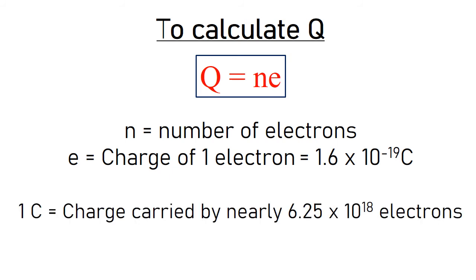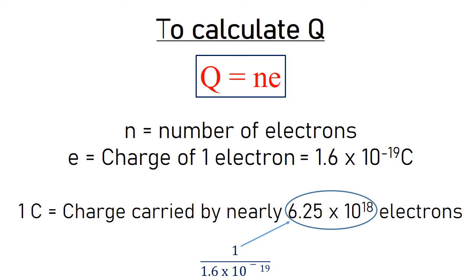And then 1 coulomb is equal to the charge carried by 6.25 into 10 to the power 18 electrons.